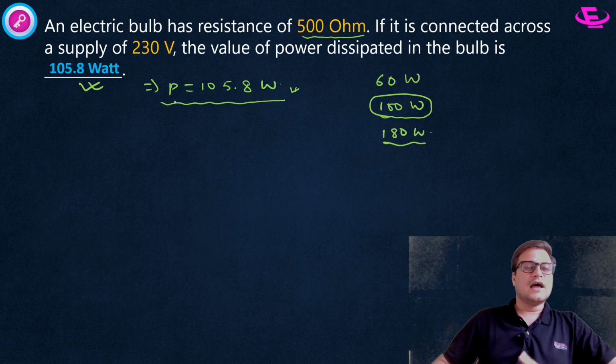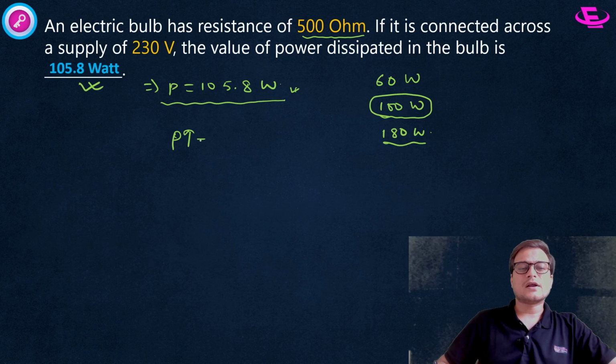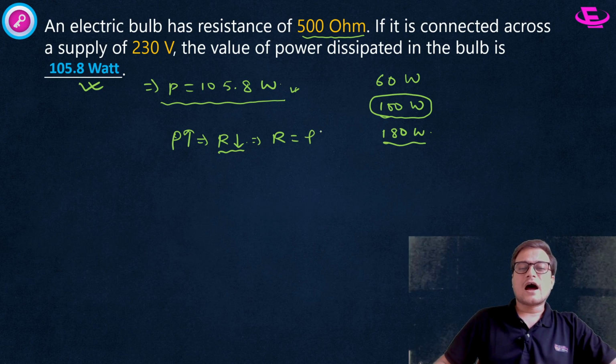Second thing, people can ask you: suppose a bulb has more power, then tell me what the filament size will be. You can say that if a bulb has more power, it means resistance will be less. Resistance is R equal to rho into L by A. When the area of cross section is more, then resistance will be less.